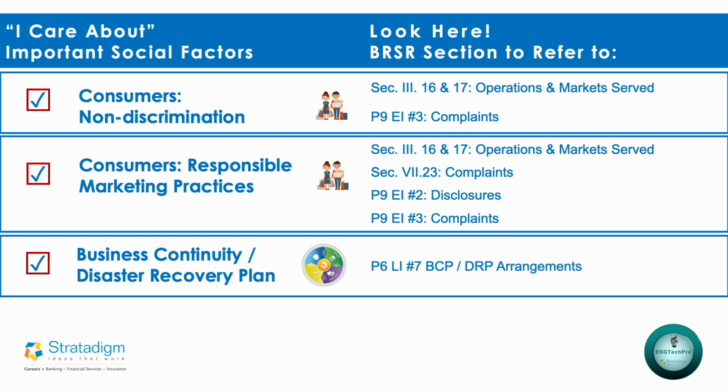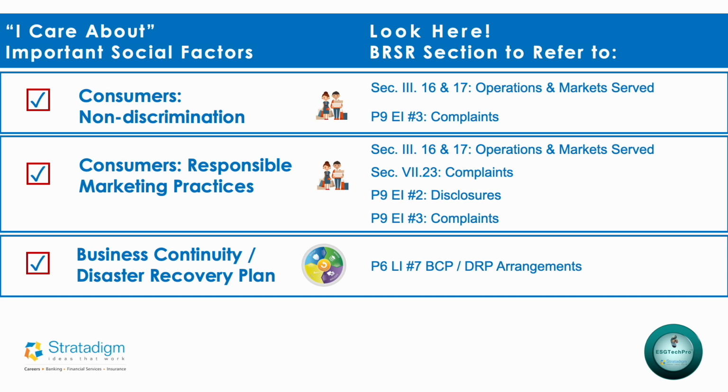Go look in Principle 6, which actually is environment. Look at leading indicator 7 for what the business continuity and disaster recovery arrangements at the bank are. Now, this is meant as an environmental question: how do you recover from disasters? But please be assured that the Reserve Bank of India expects banks to have BCP and DRP in place.